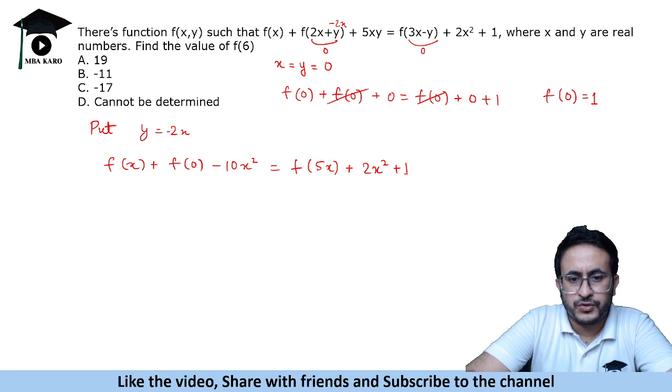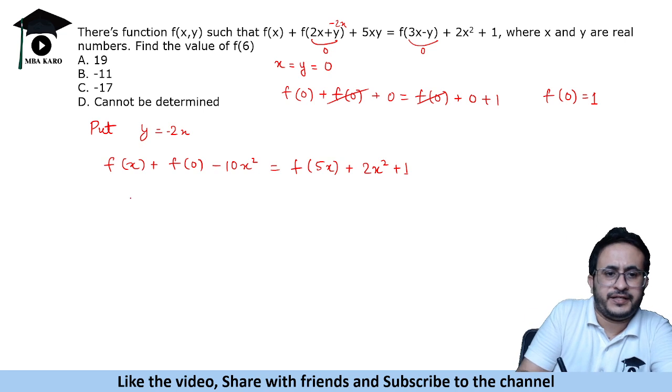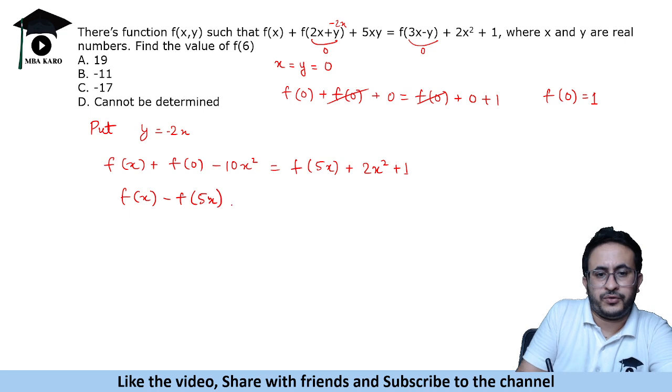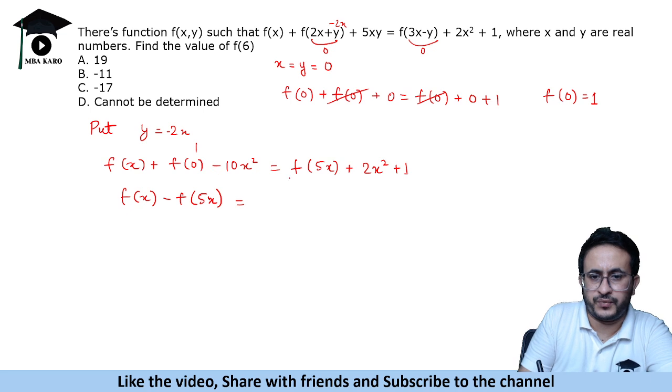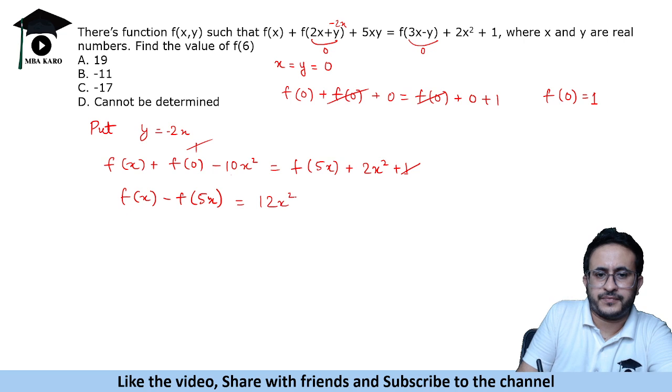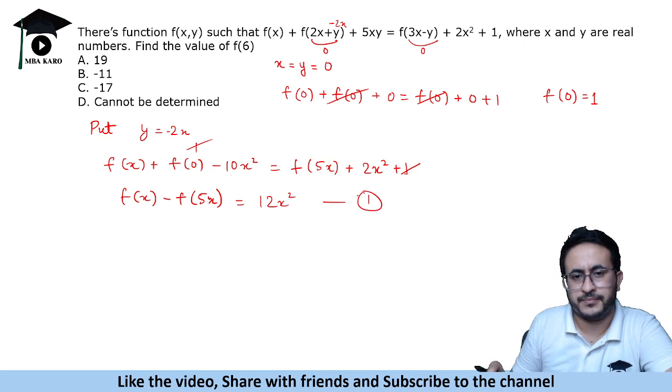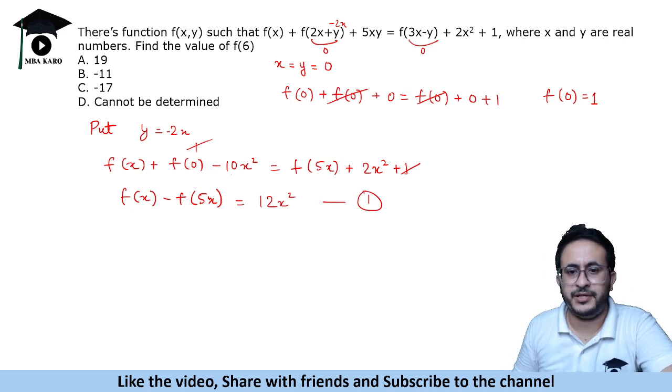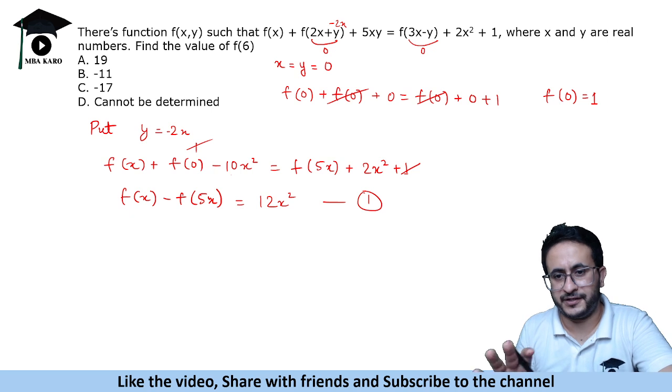Now we will get an equation in f(x) and f(5x). This is 1, and the 1 gets cancelled, so we have 12x square. This is equation number 1. These are manipulation based questions and quite difficult to solve.